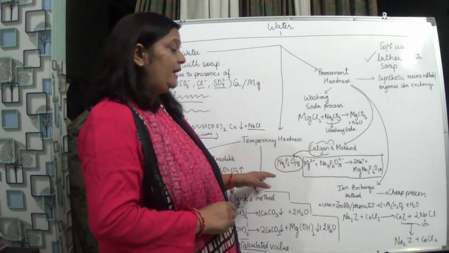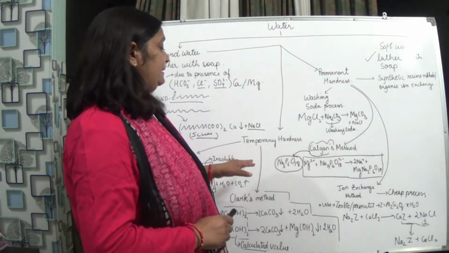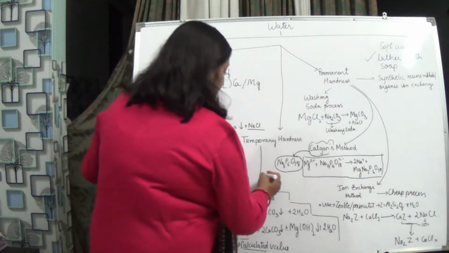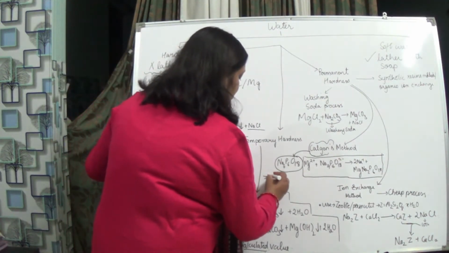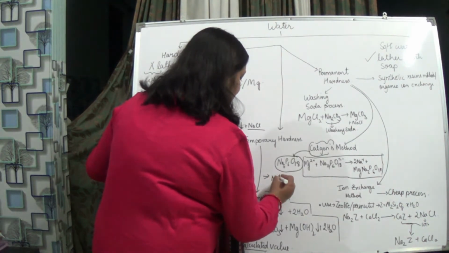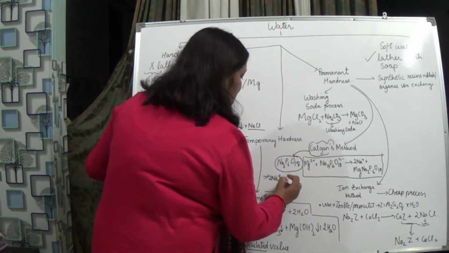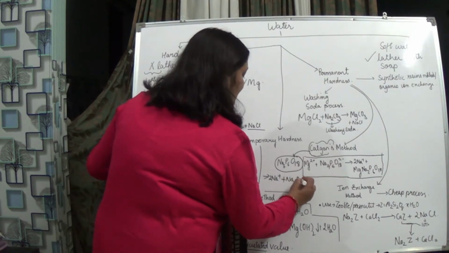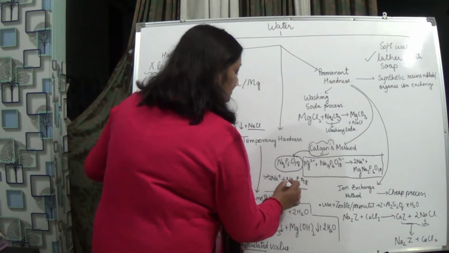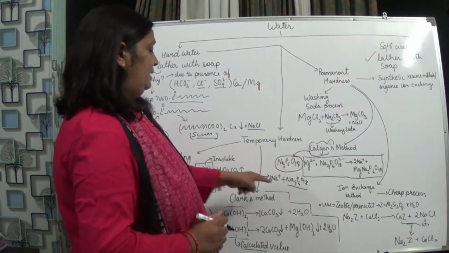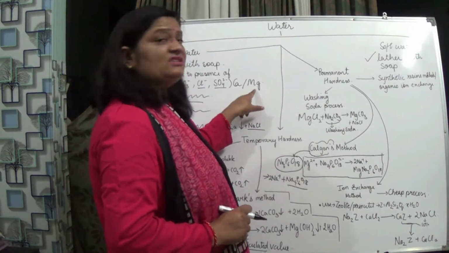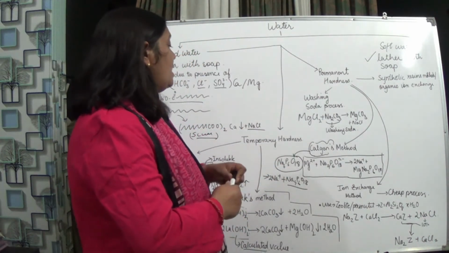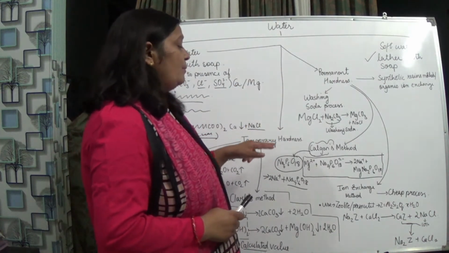It is partially dissociated into 2 Na+ ions plus Na4P6O18. Now this Na4P6O18 reacts with the magnesium ions present in the hard water, forming what?